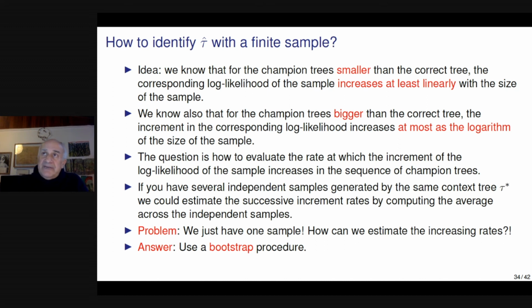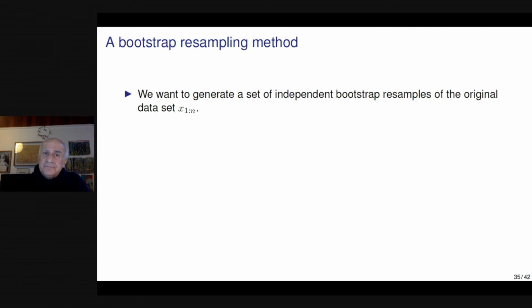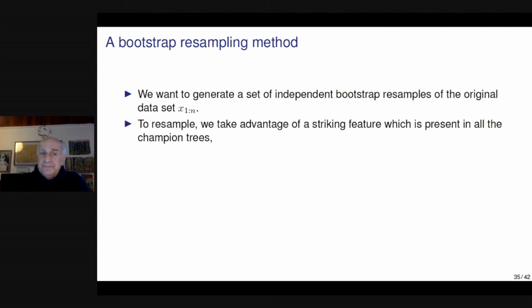Now we arrive at the conclusion of this lesson. I will explain to you how to use this bootstrap procedure. I start by saying a few words about the bootstrap sampling method. We want to generate a set of independent bootstrap resamples of the original dataset x1n, which is the original string of symbols.